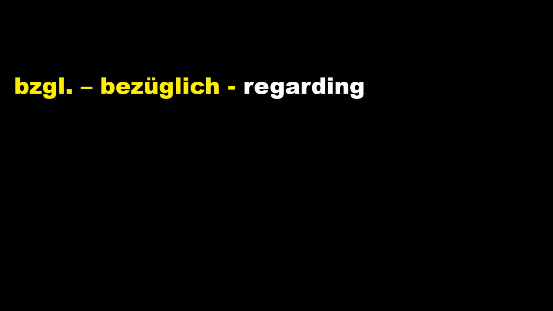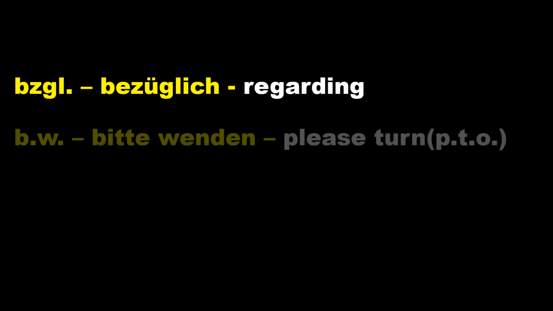Now the next one is BZGL, which stands for bezüglich, in English regarding. Next one is BW, which stands for bitte wenden, please turn, or in many places in English books you have seen this PTO, which means please turn over.